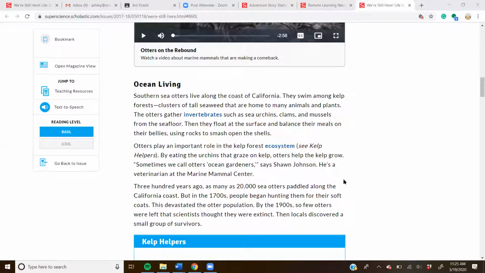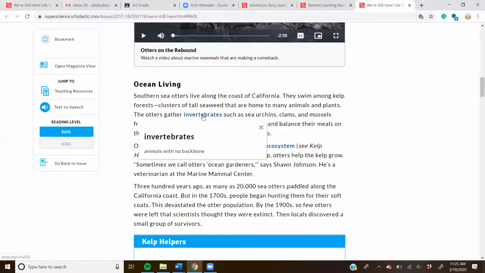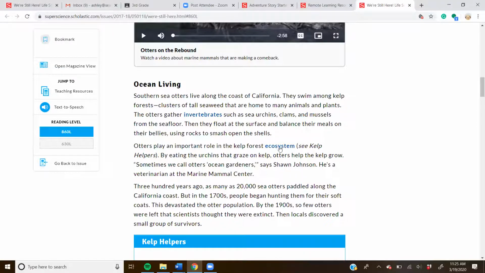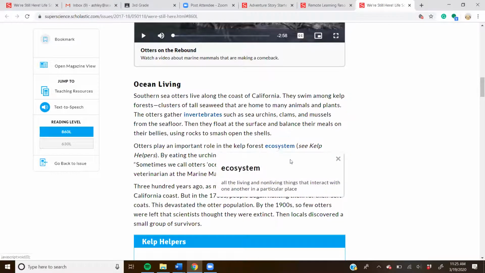Good job. Okay, let's go to our invertebrates, animals with no backbone. Henry, before I click on the definition, do you know what an ecosystem is? An ecosystem is a habitat that certain living creatures are in. Yeah, exactly.